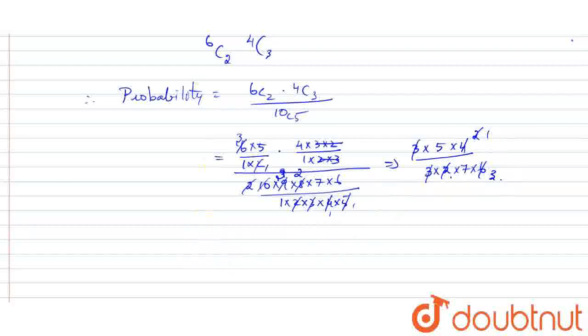Therefore the probability is equal to 5 divided by 7 threes are 21. So 5 by 21 is the answer.